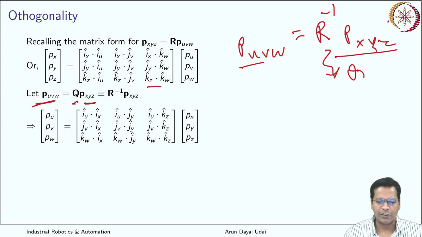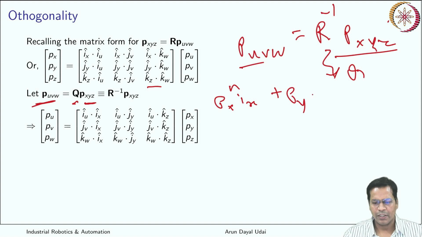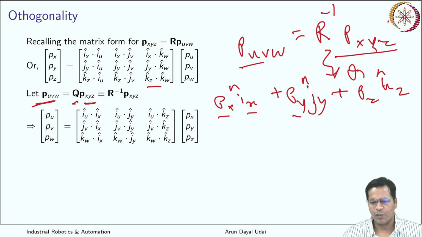Now what I actually want to do: initially the vector was Px Ix, Py Jy, Pz Kz. Okay, so this was your initial vector. Now I have to take the projection of this on the UVW frame.